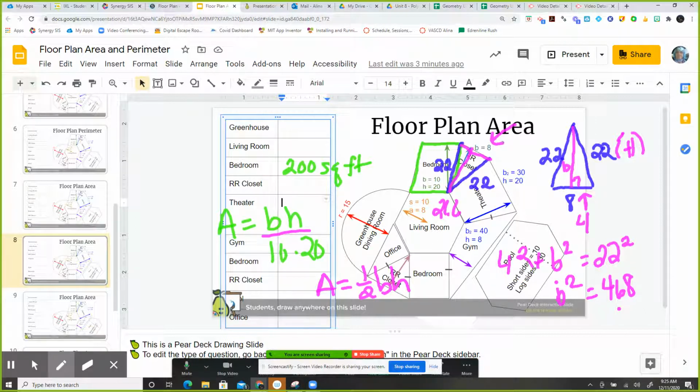We had to use the diagonal to find the height with the Pythagorean theorem, and then we can substitute the base and the height. Sometimes finding that height is tricky. So 1/2 the base, which is 8, and the height, which is 21.6. So what is 1/2 times 8 times 21.6?